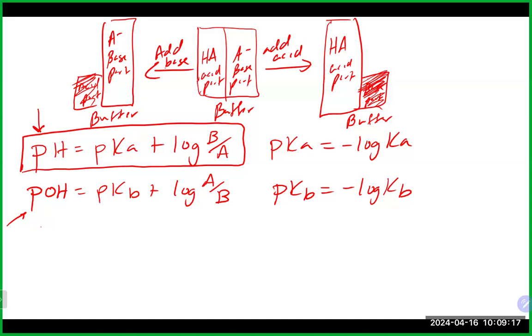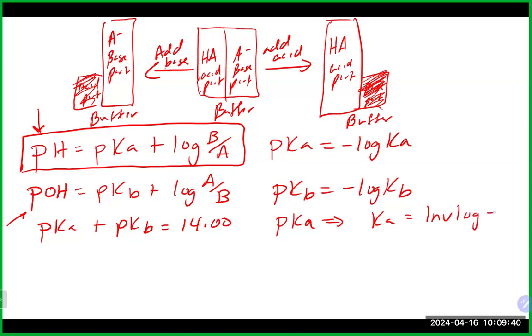One of the nice relationships that we did talk about was that the pKa plus the pKb does equal 14. So that's a helpful relationship that sometimes may allow you to get the pKb or pKa value. By the way, if I have the pKa value and I want the Ka value, that is the inverse log of the negative pKa, kind of like what we did from pH to H plus.